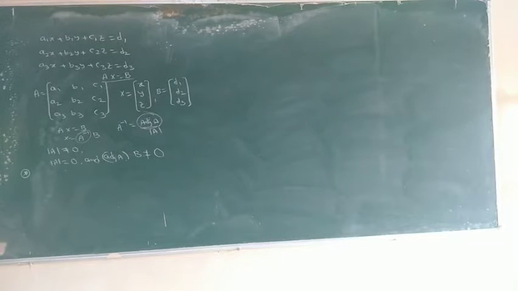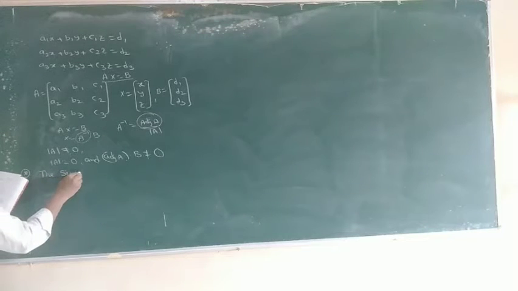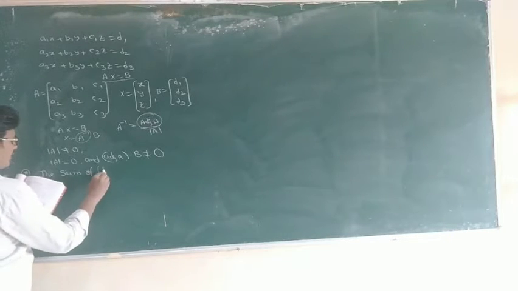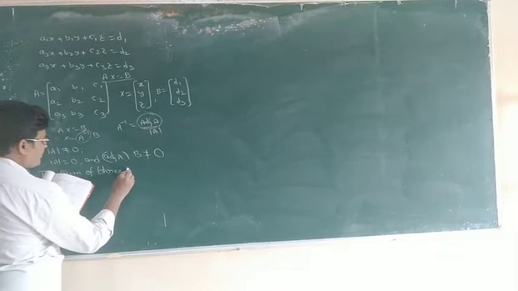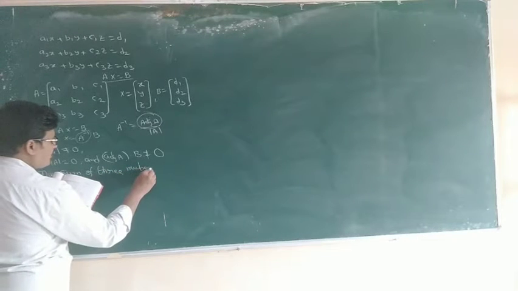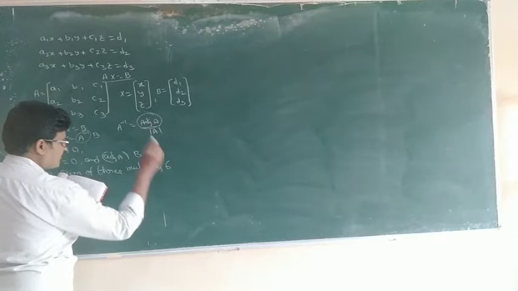The sum of three numbers is 6. Listen carefully, read carefully: sum. Three numbers means what?